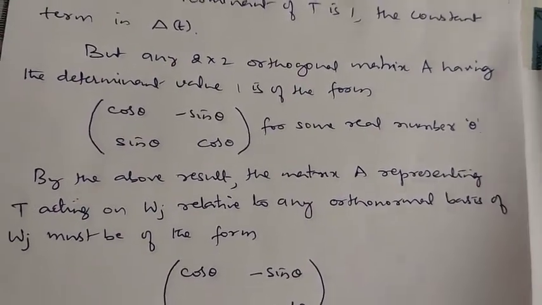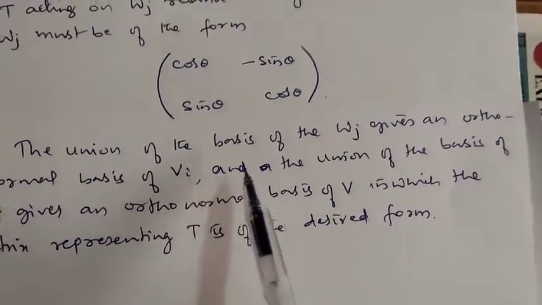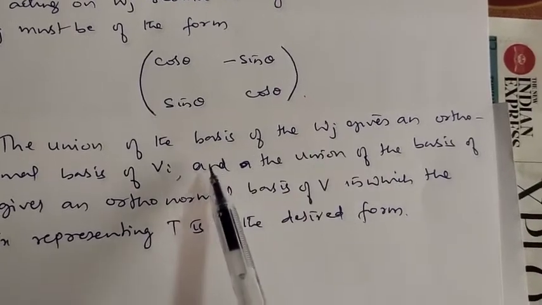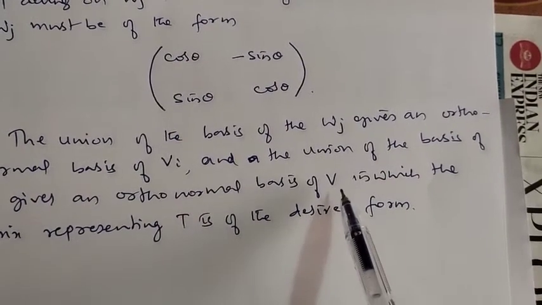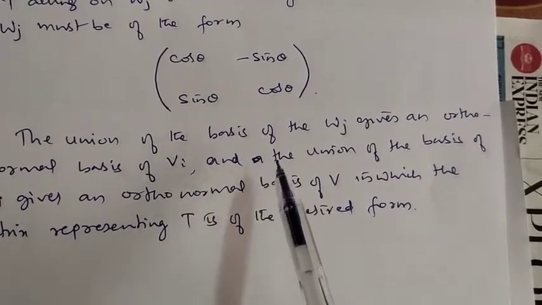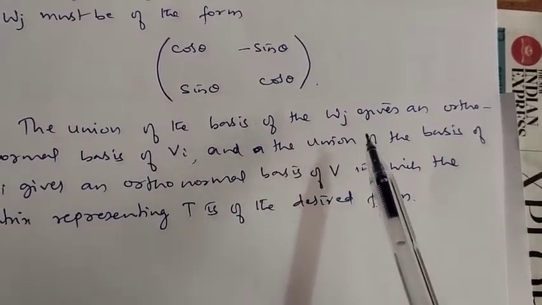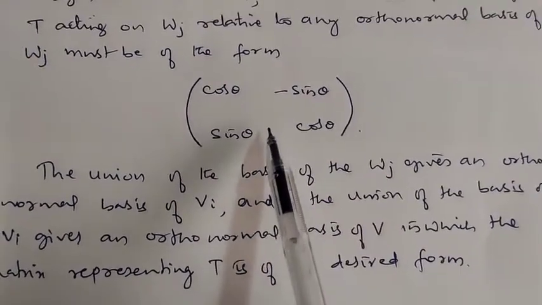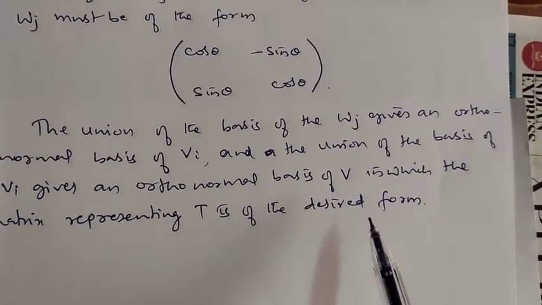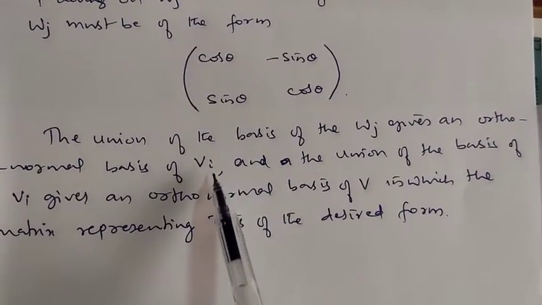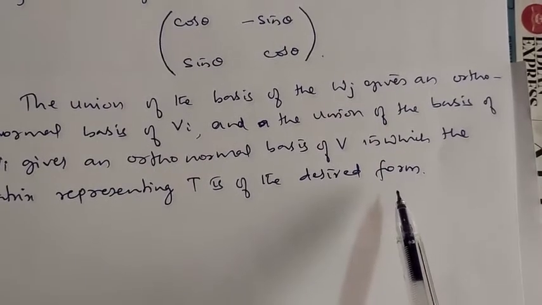If you combine the orthonormal bases of the Wj's, we get an orthonormal basis of Vi, and the union of the bases of the Vi's gives a basis of V. Each Vi is split as a sum of subspaces Wij with matrices of this form, so we get a basis of V in which the matrix representation of T is of the desired form.